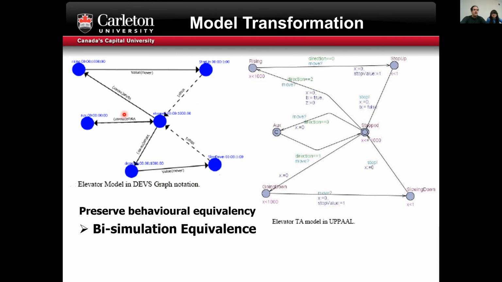So on the left, a DEVS model, on the right, an equivalent timed automata. You can convert this one into that one, and then use well-known tools like UPPAAL for doing model checking on the DEVS model, and you go back and forth in this process. Simulation equivalence has been proven for this, so we can work on timed automata and go back to and from DEVS.